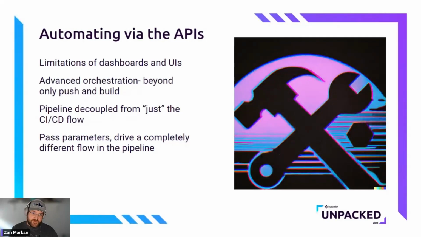That is not the only trigger anymore. We can now have our pipelines call other pipelines, integrate with others, and respond to different events from outside. I'll talk about that a bit later. But ultimately, the gateway for that is your APIs, and the tooling that you build on top of them.